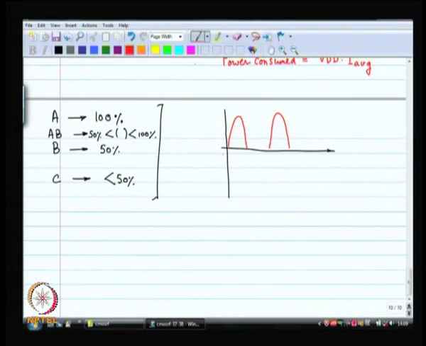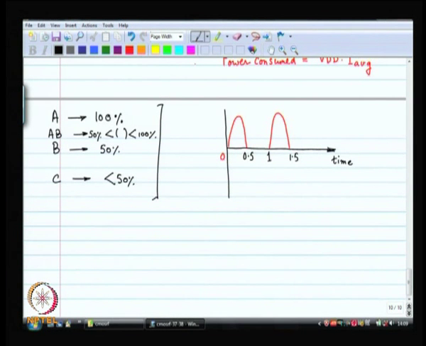So, let us say this is 0, pi, 2 pi, 3 pi and so on, or if you want to deal with seconds, let us say the signal is at 1 hertz, then this is 1 second, this is 0.5 second, this is 1.5 second and so on.